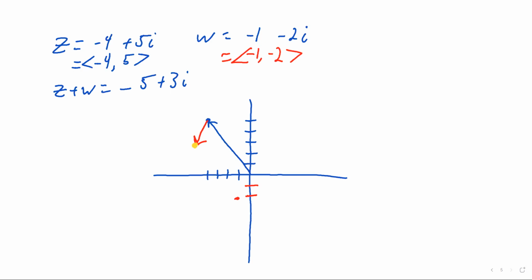So the new vector should be right there. And you're right, that looks like -5, roughly 3. All right, and that's how you could do it vector-wise.